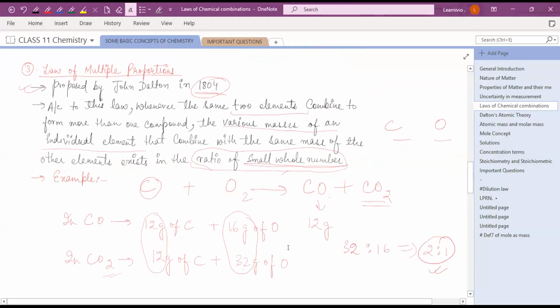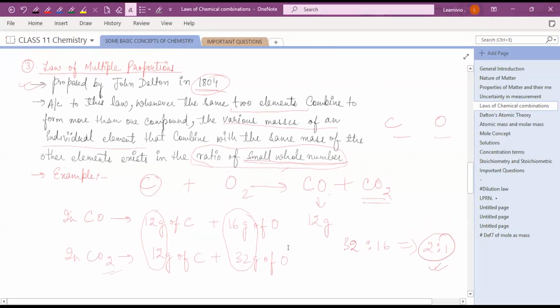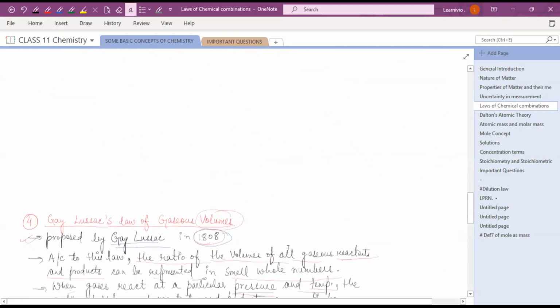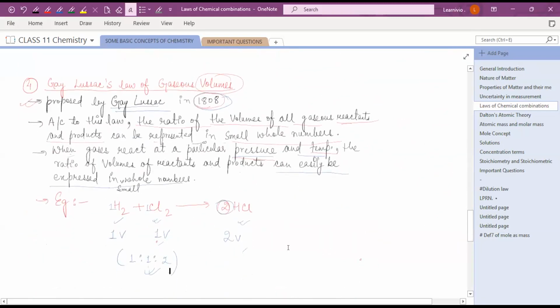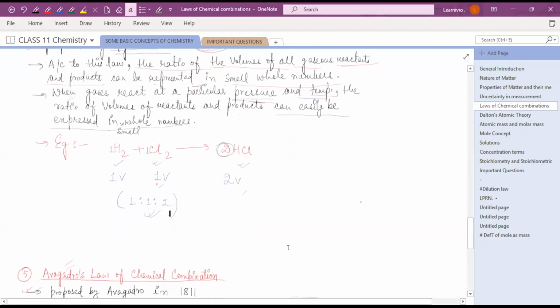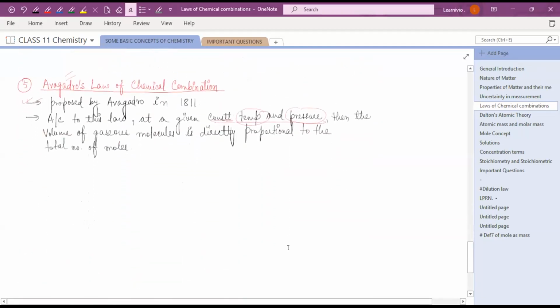This law? Ma'am, the third one, multiple proportion. Yeah, this law. Done, ma'am. This also done? Yes, ma'am. Okay.